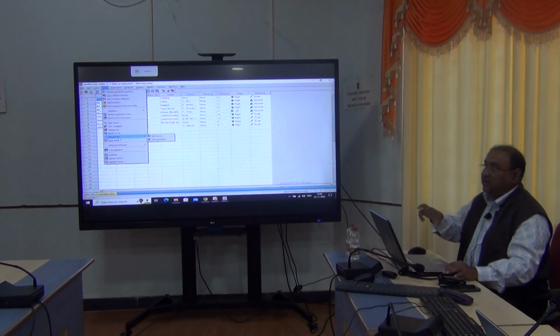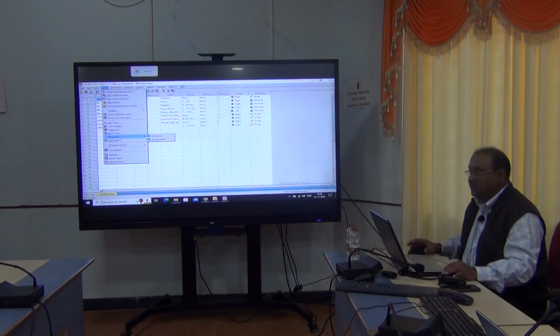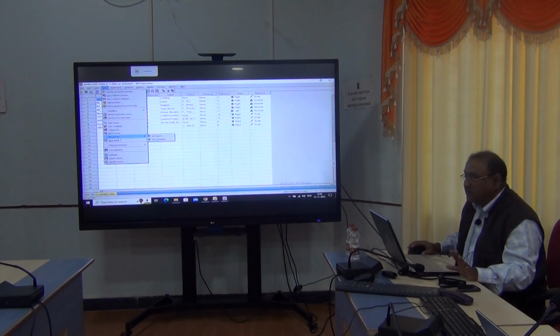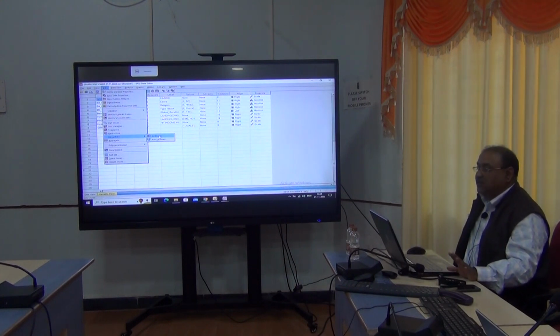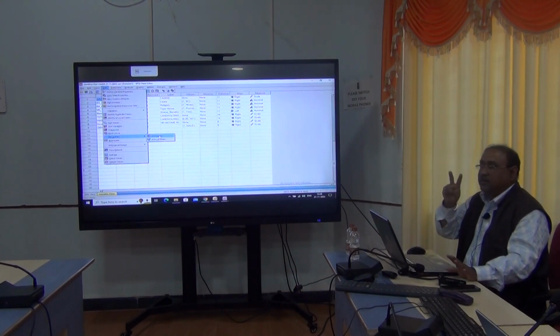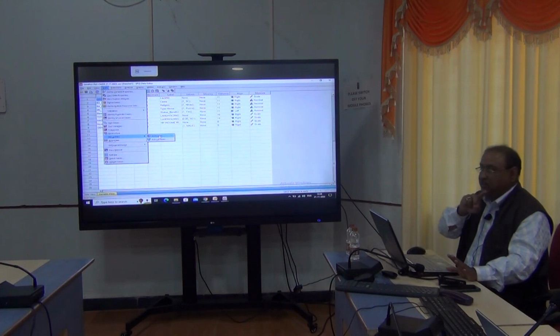This part I will include in the PPT when I share it with you, because I thought there would already be too many slides, so to reduce them I will not include it. If you see this, there are two ways of merging files. This is very important. I am only taking the case of household and individual.